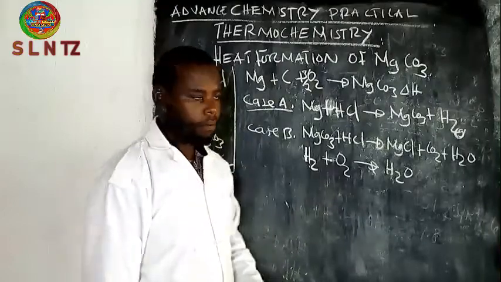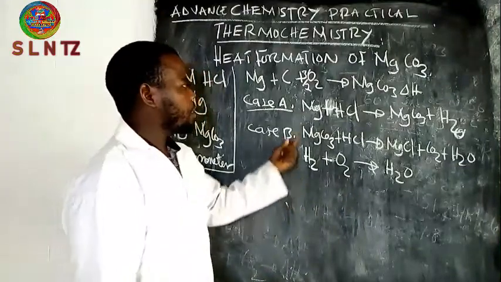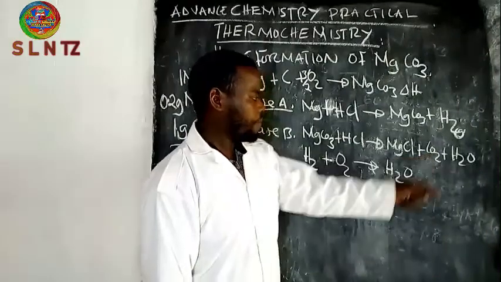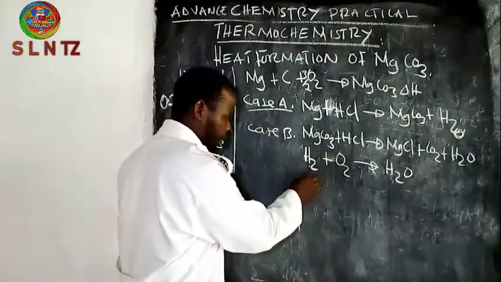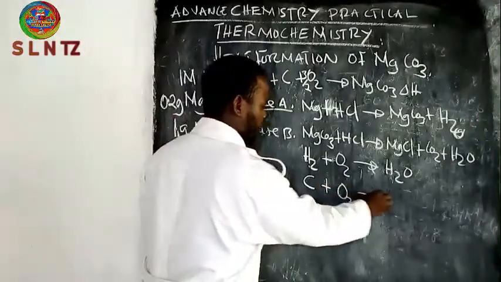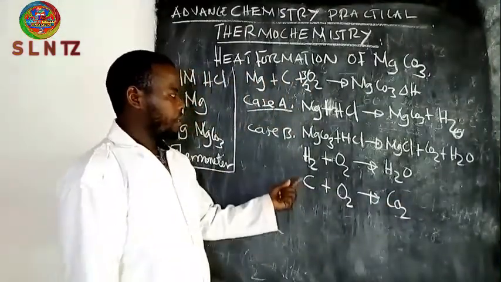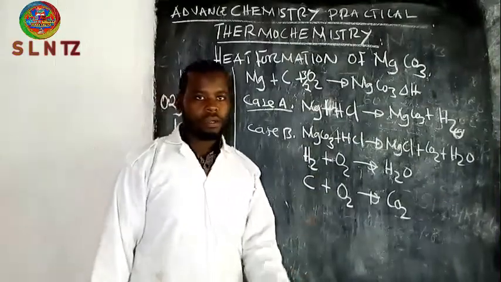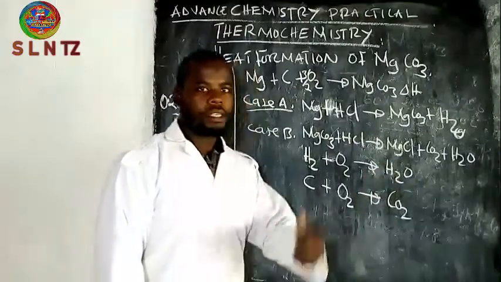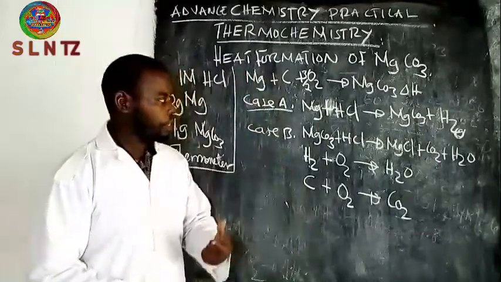Another one, number 4, we are going to look at the formation of carbon dioxide. This one. Carbon dioxide, we take carbon plus oxygen, we get carbon dioxide. So we have reactions, or equations, number 1 up to number 4. And for each, there is a molar heat change.